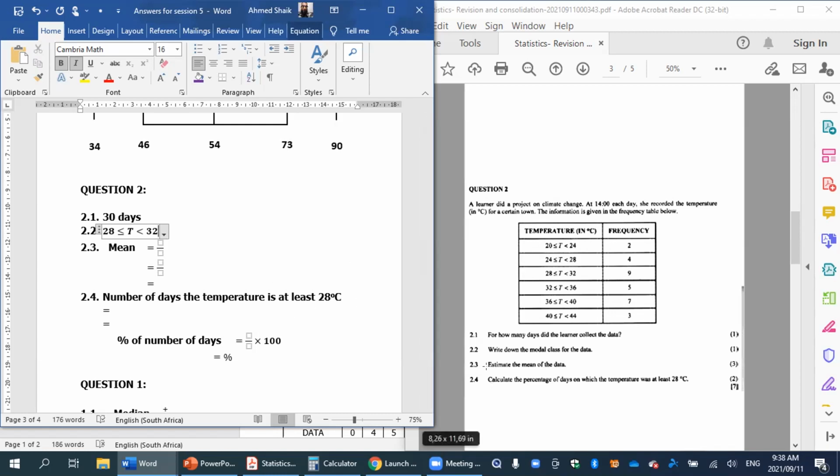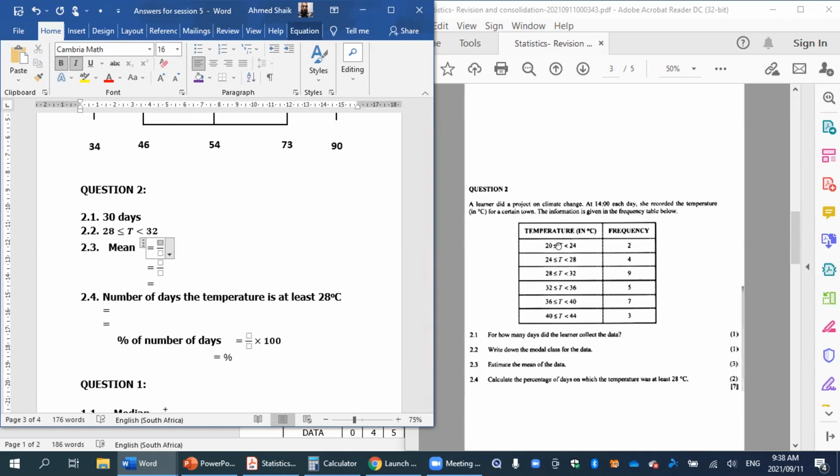Okay, let's look at 2.3. Estimate the mean of the data. Now, again, we can avoid drawing our 2 extra columns. So we can find our midpoint and multiply it by our frequency and add each of those calculations together to work out the sum of our frequency times midpoint. Let's do that in one calculation.